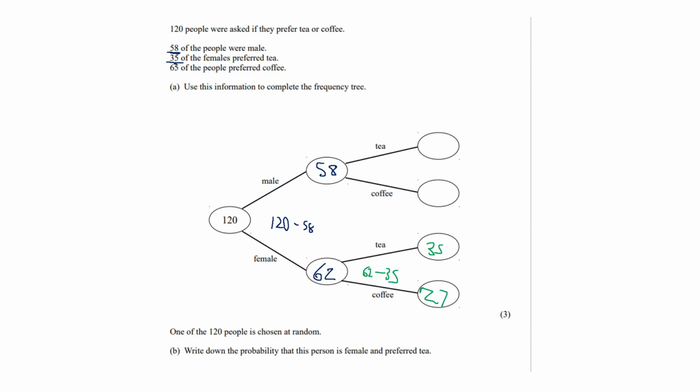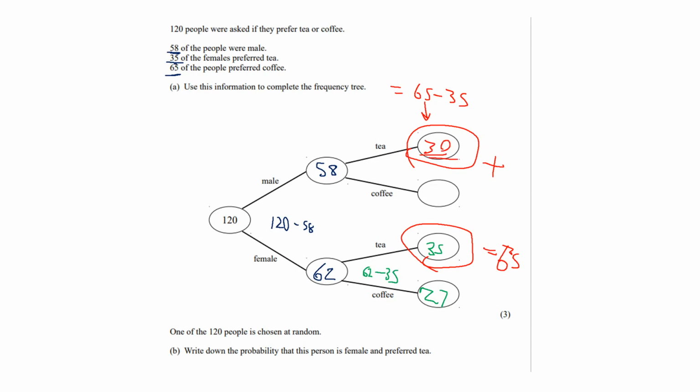Now, we're told that 65 people preferred coffee over tea, right? Which means that, I'll do this in a different color. This number plus this number is equal to 65. Okay? Which means that this number is equal to 65 minus 35, which is equal to 30.